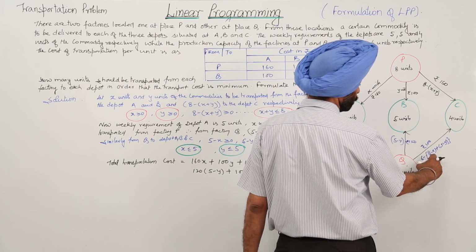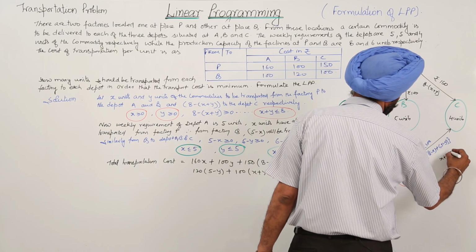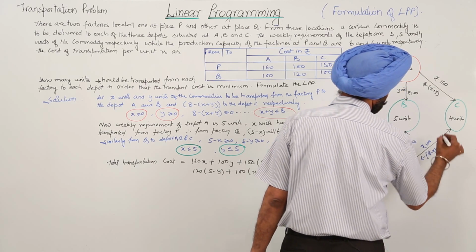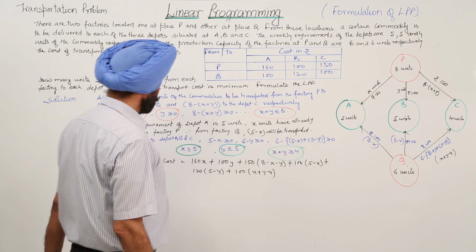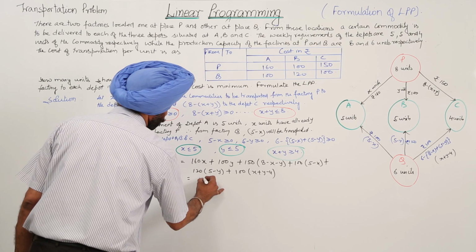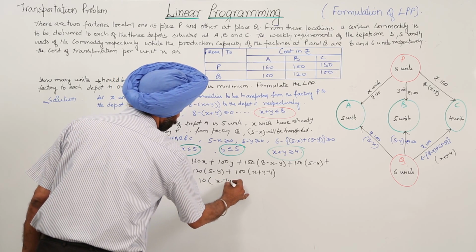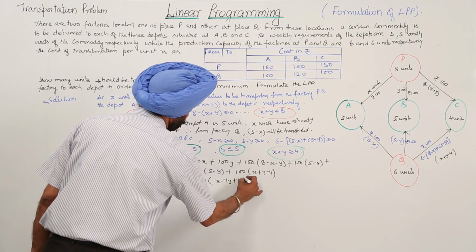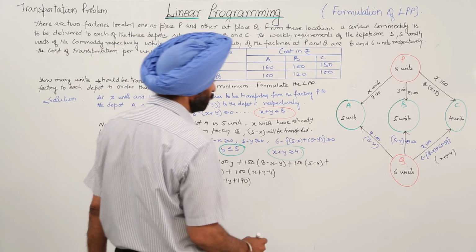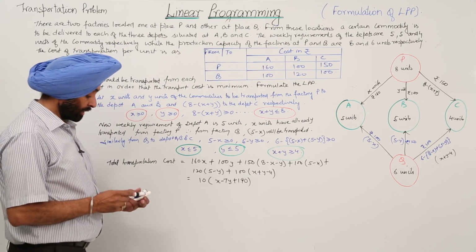When we solve this part, on solving we get Z equal to X minus 7Y plus 190.